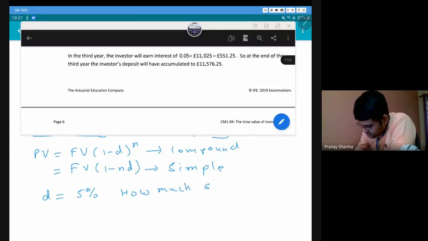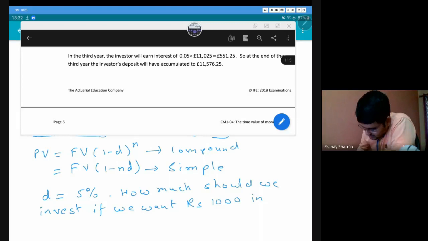How much should we invest if we want rupees 1000 in 5 years' time?